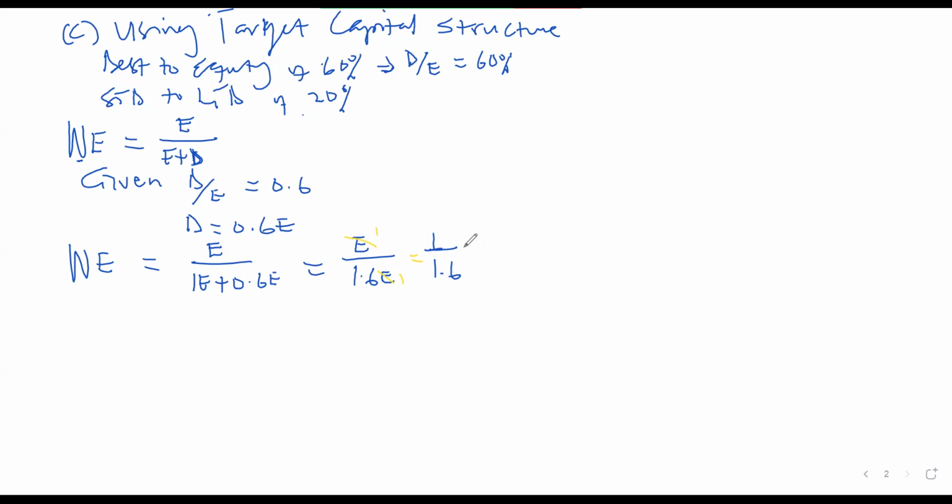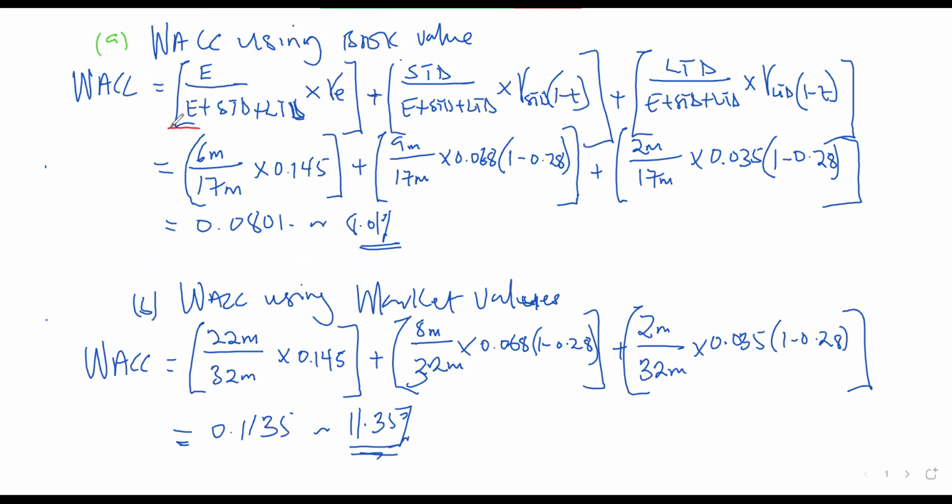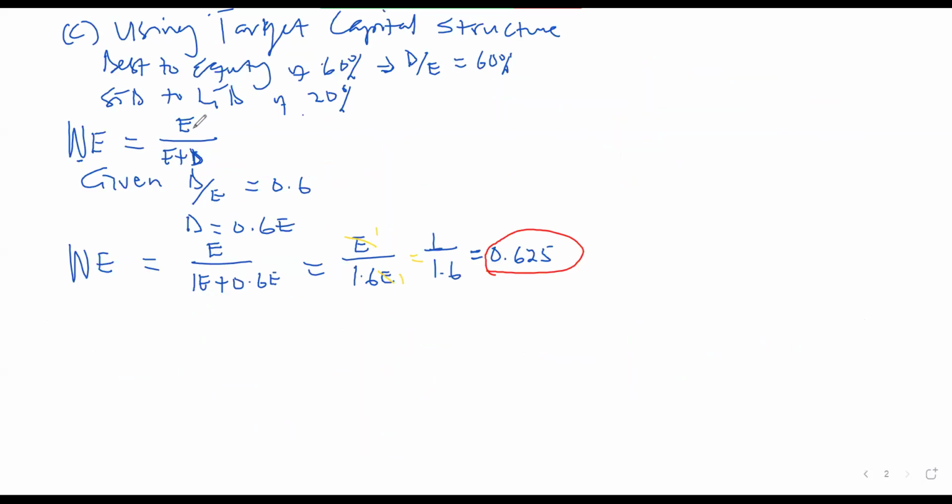What is 1 over 1.6 in decimals? 0.625. So this is the weight of equity in our total capital. So if you have to calculate WACC, in place of all of this, you put 0.625. That is the weight of equity.